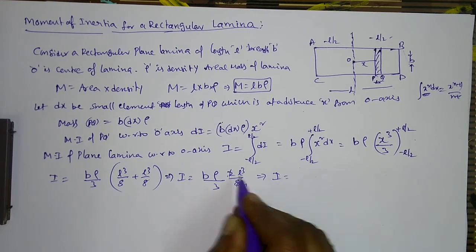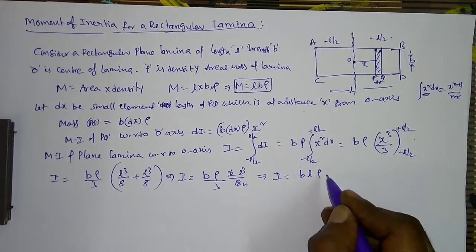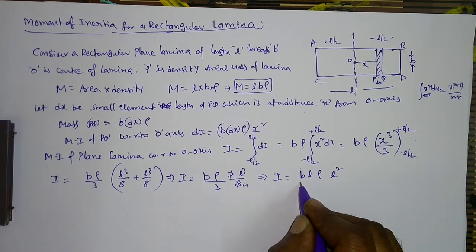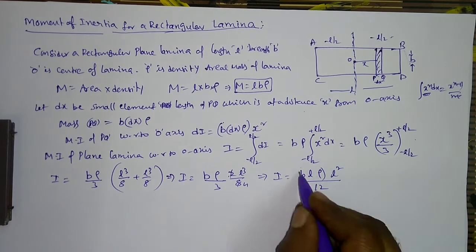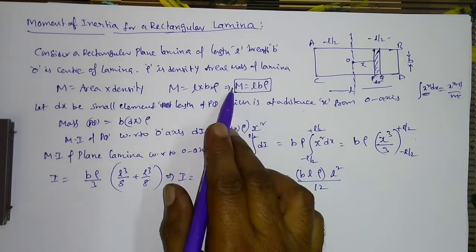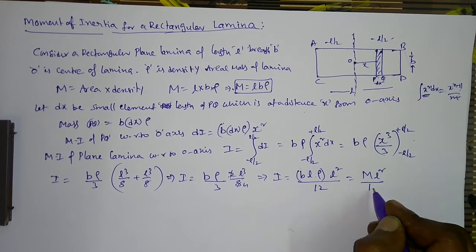That means I is equal to b into L into rho into L square by 3 into 4, that is 12. As we know, b rho L is nothing but the mass of the total lamina, so simply you can say ML square by 12.